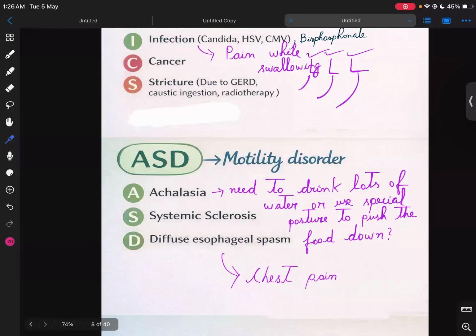Can I ask a question? Sure, doctor. I had a case of scleroderma once in one of my exams, where the patient had dysphagia and a change in voice, hoarseness of voice.